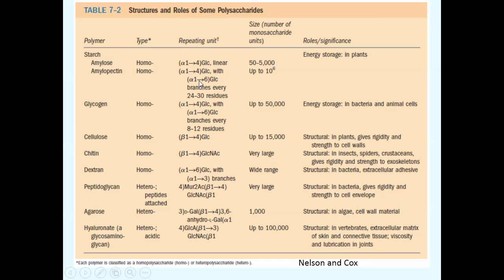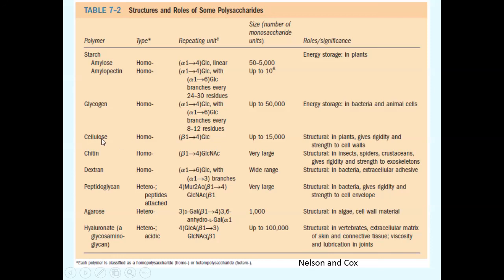The branches are found after 24 to 30 glucose monomers. Similar to starch, glycogen is also a homopolysaccharide. It has a similar nature of glycosidic bonds as found in amylopectin. It contains branches after every 8 to 12 glucose residues.